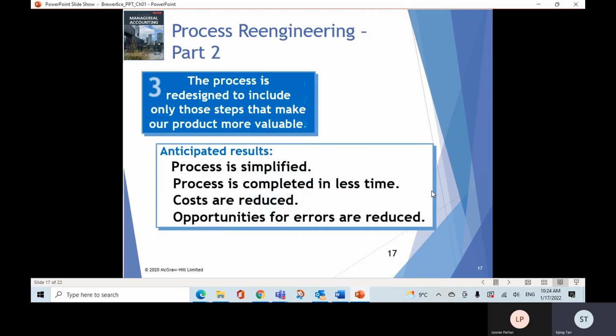We only leave the useful ones. This approach focuses on simplification and elimination of wasted effort. Its integral idea is the elimination of all non-value-added activities. We only keep the valued activities. So this is the process re-engineering approach.